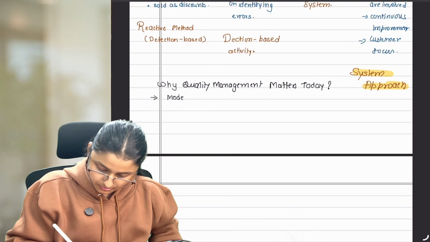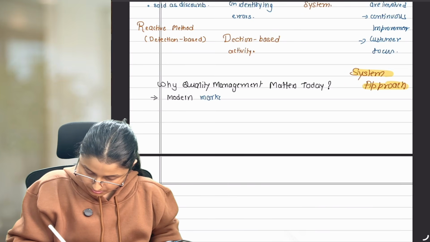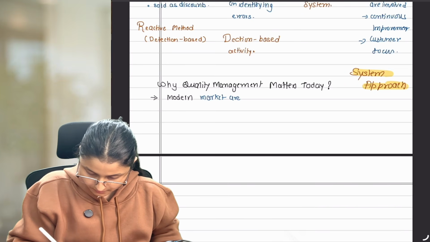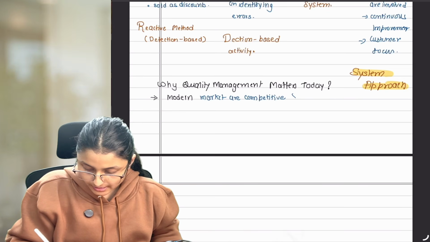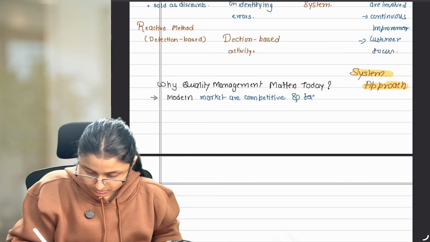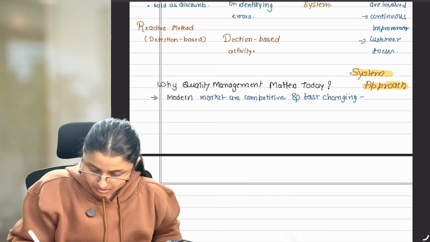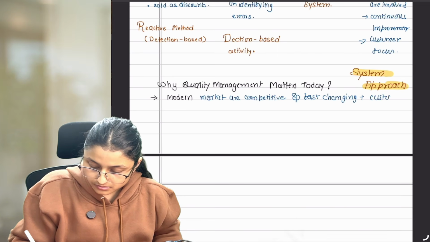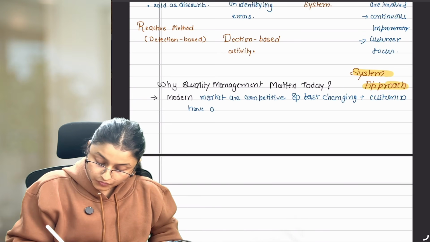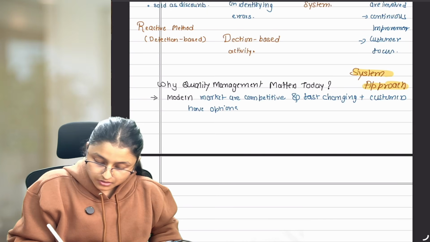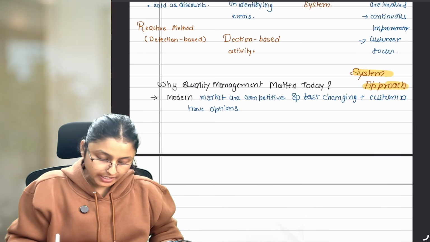Modern markets are competitive and fast changing, plus customers have options. So if you will not give a quality product, some other competitor will give it and they'll grab the customers, right?